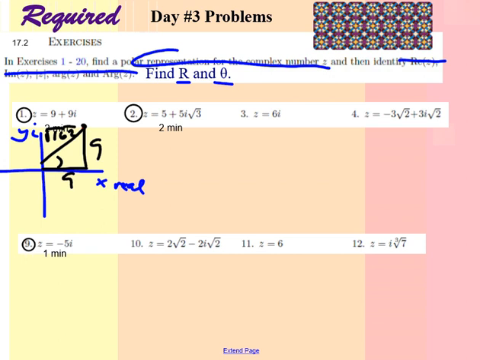You take 9 squared and 9 squared, and then the square root of both of those added together. Could you just use a squared plus b squared equals c squared? Sure, if you want to, but you're going to get the same answer, square root of 162. Okay, now r, that, theta.